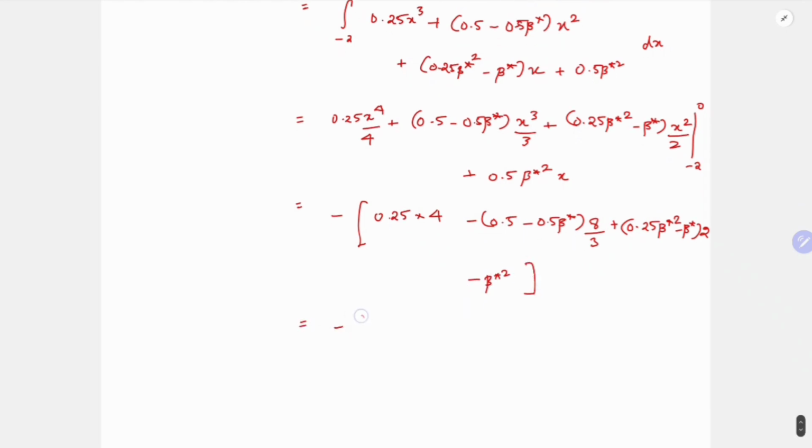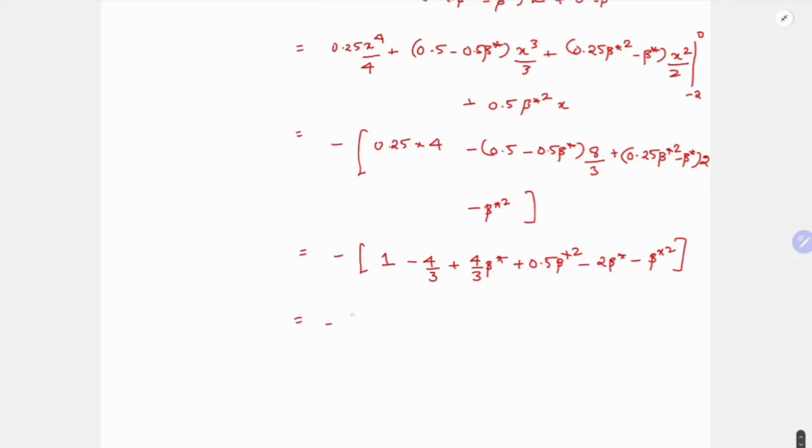So now we have to simplify this. So this is 1 minus 8 into 0.5 is 4, 4 by 3, plus 4 by 3 beta star, plus 0.5 beta star square minus 2 beta star minus beta star square.